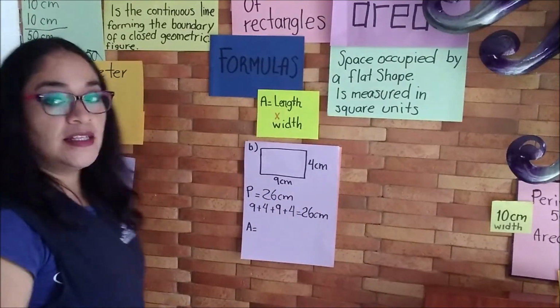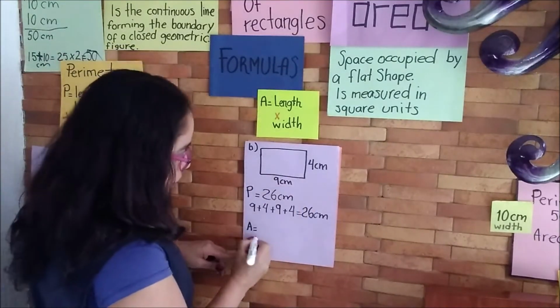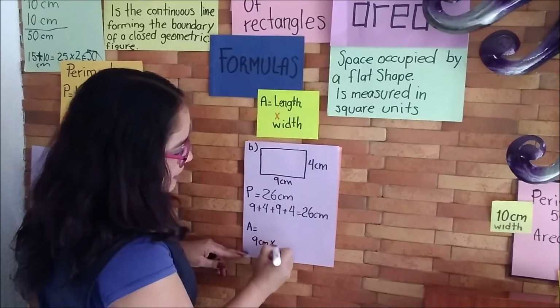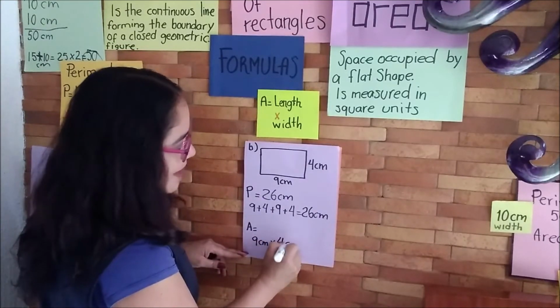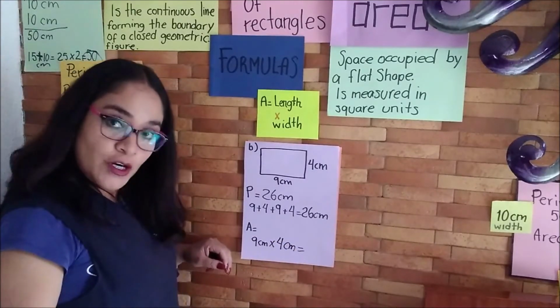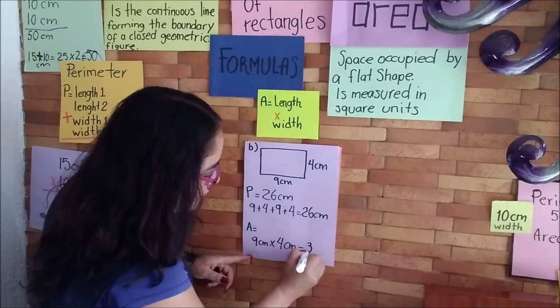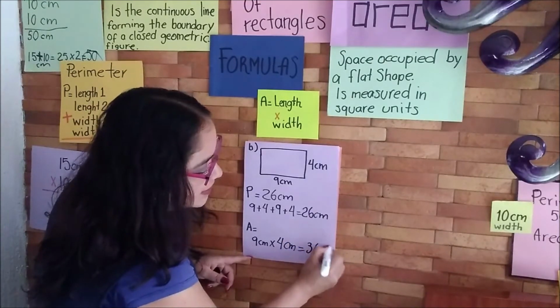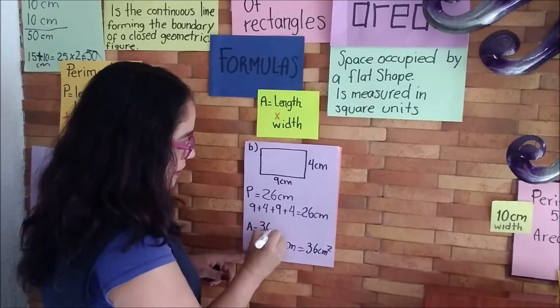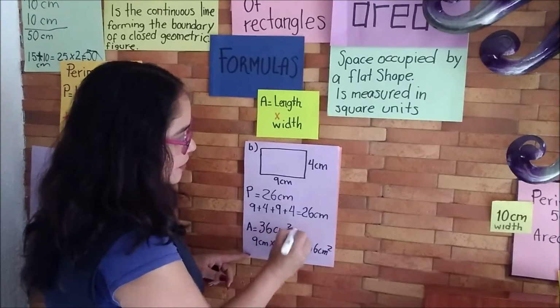Now let's calculate the area. We'll have to multiply 9 centimeters by 4 centimeters, okay? So 9 times 4, 36 centimeters squared. My area is 36 centimeters squared.